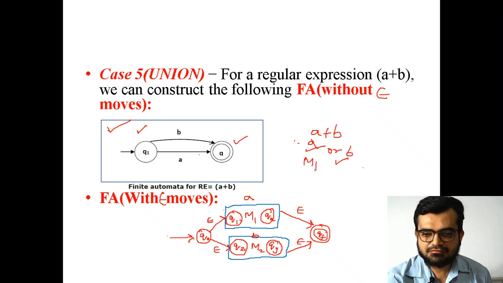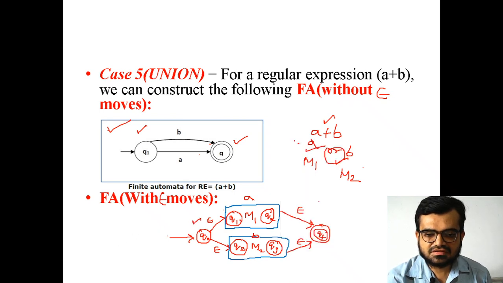So here M1 and this is M2. It is connected like that, but this is the OR operation, I mean the plus operation, I mean the union operation. Either from this state, which is my initial state.